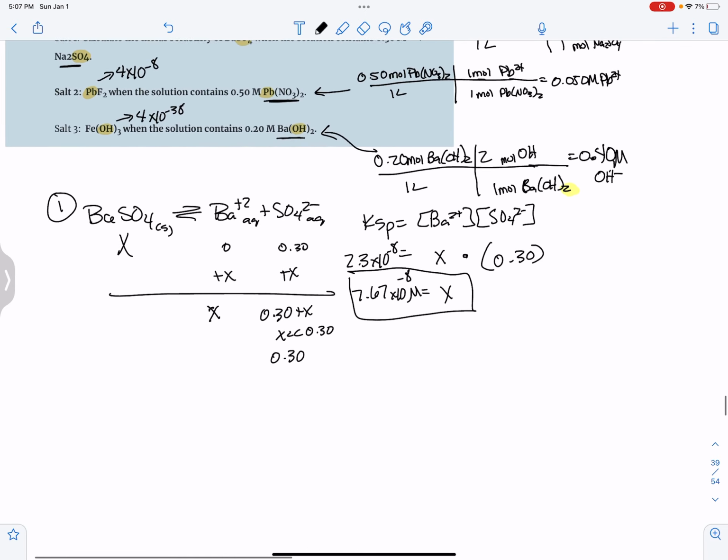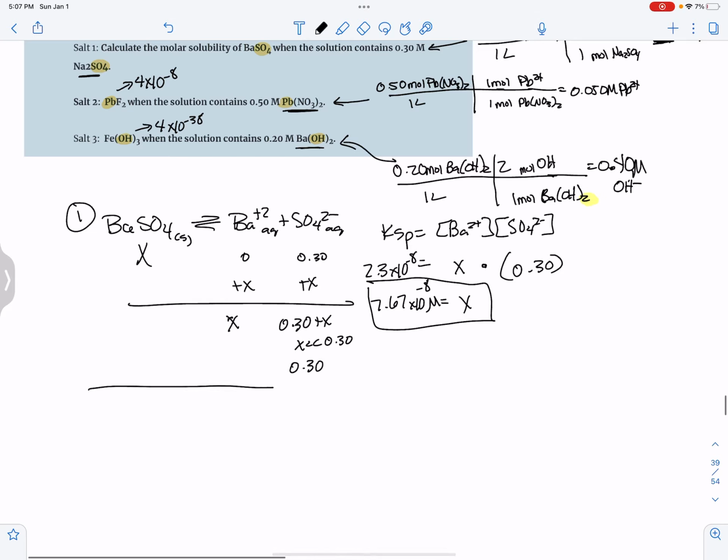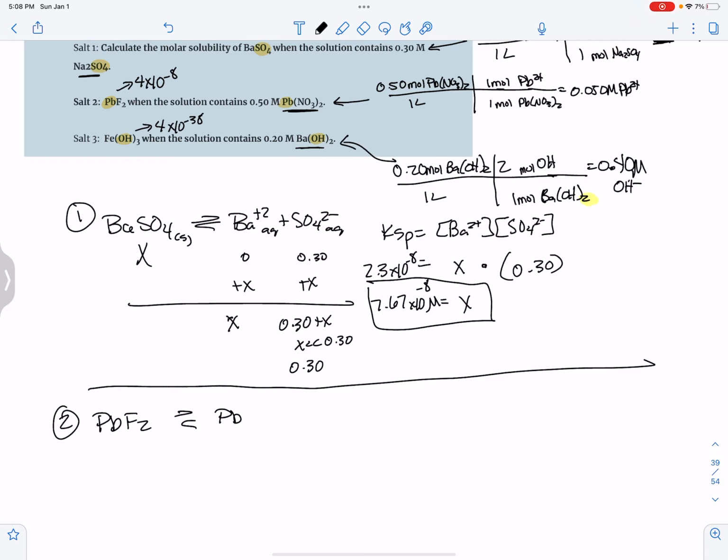All right, now I'm going to do the second one. So 2 is PbF2. It becomes Pb2+ plus 2F minus. This part doesn't matter because it's a solid. The thing I had in common was the Pb right there, 0.050.